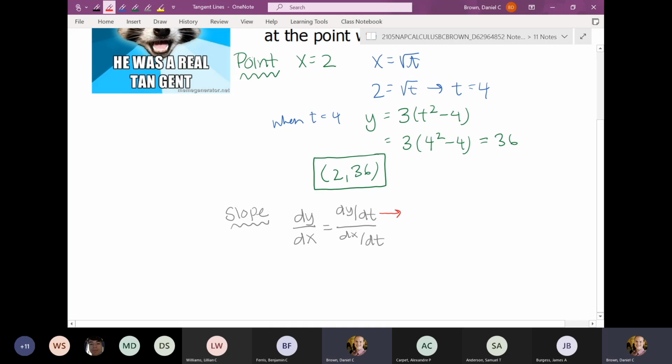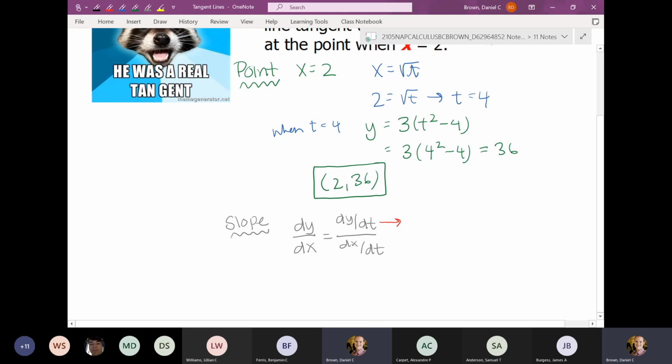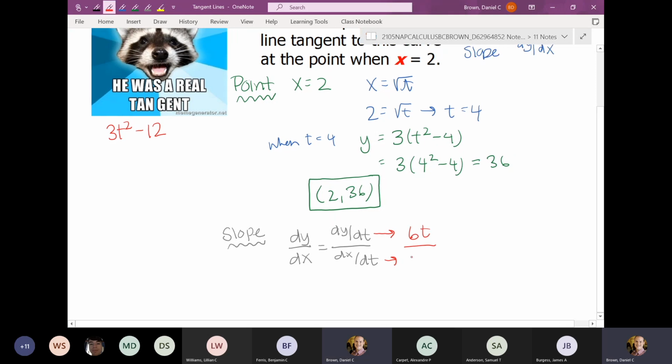What is dy dt? That's going to be the derivative of y. Again, y was 3t squared minus 4, and its derivative would be 6t. What's the derivative of x? x is the square root of t, so 1/2 t to the negative 1/2.